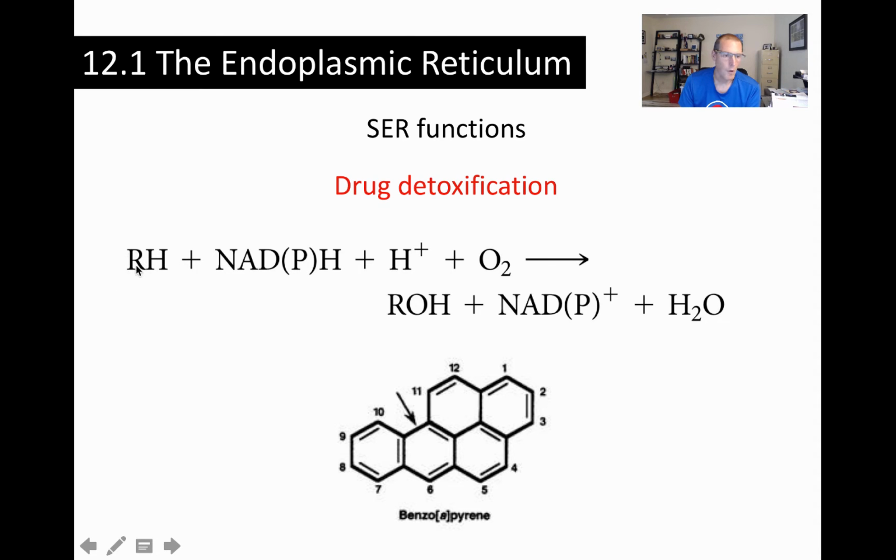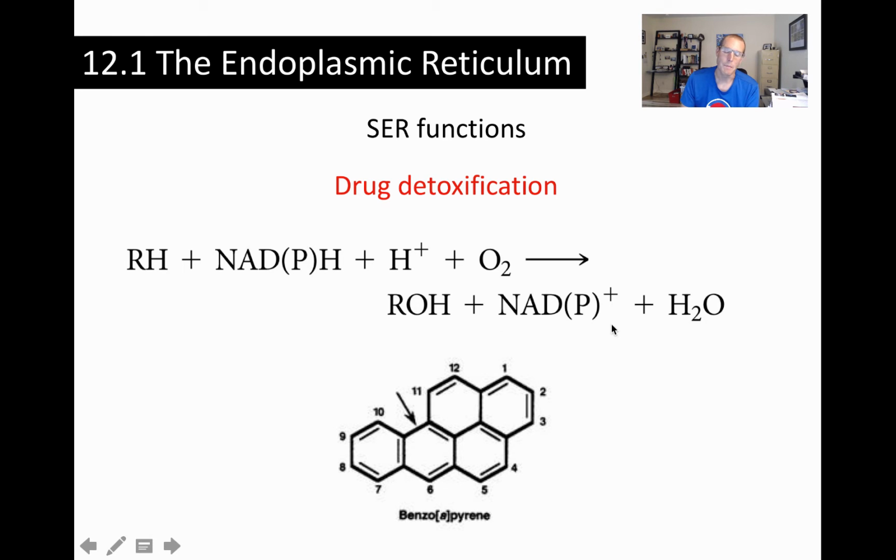R is just a molecule that we're going to modify, and so we take one of these oxygens and transfer it to this hydrogen here, and that produces this hydroxyl group. That increases the polarity of the molecule and increases its solubility in water, so it's more likely to be excreted in urine, or in fluids which contain high amounts of water.